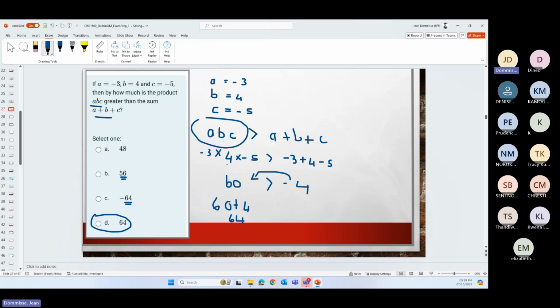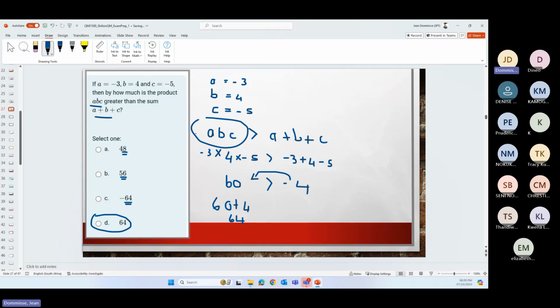How do we get to 48? If we set 3 plus 4 plus 5, it's 12. So if we set 60 minus 12, and we had the signs wrong again, 60 minus 12 would have given you 48. So what we're testing in this question is that you know how to work with the negative signs.